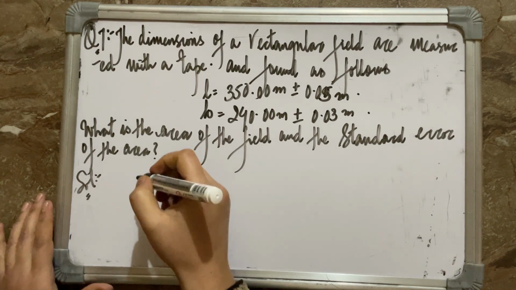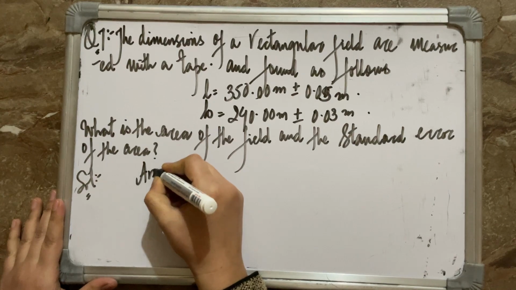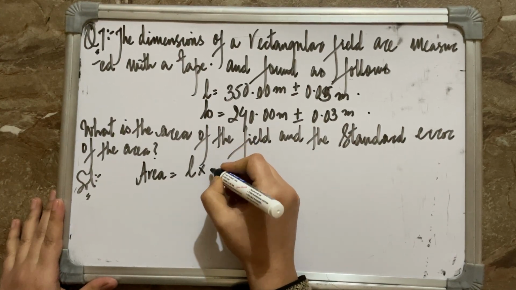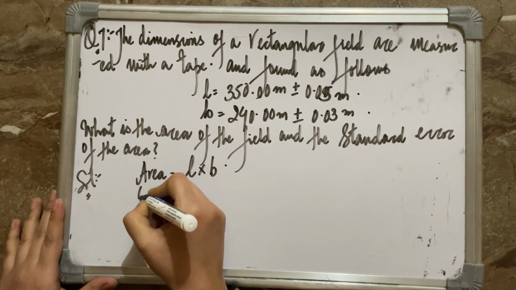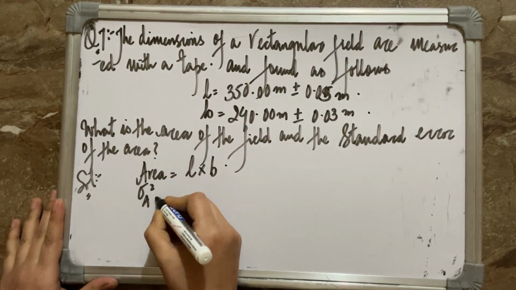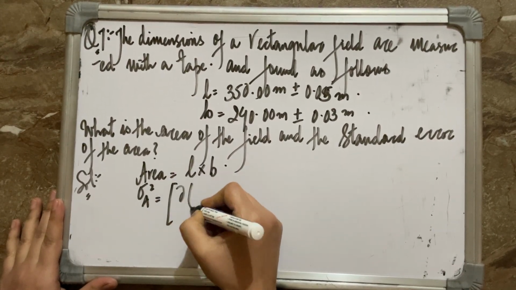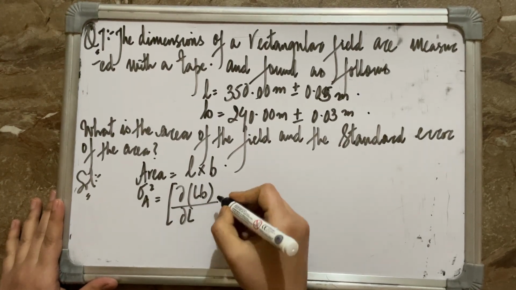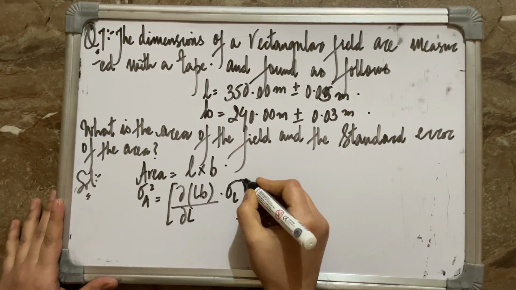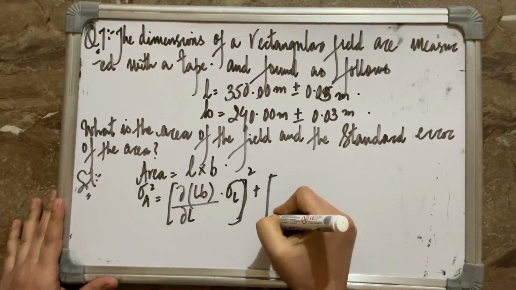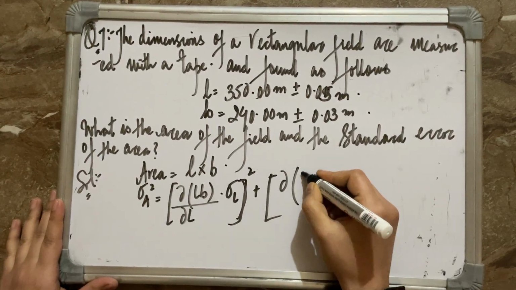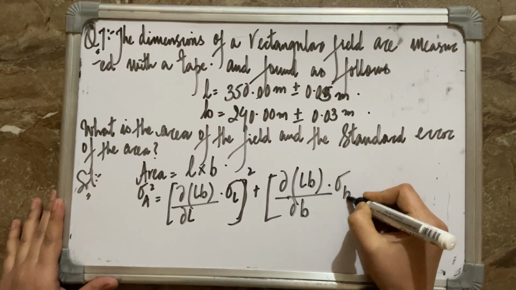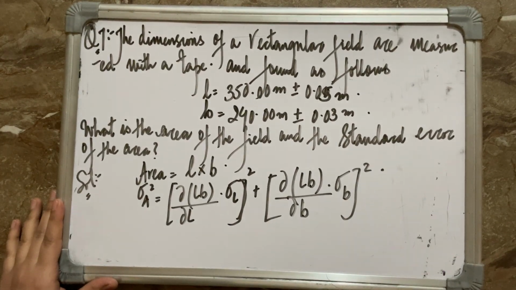Area is given by length multiplied by breadth. Standard error in area, square of it, will be given by the partial derivative with respect to L times sigma L, squared, plus the partial derivative with respect to B times sigma B, squared.